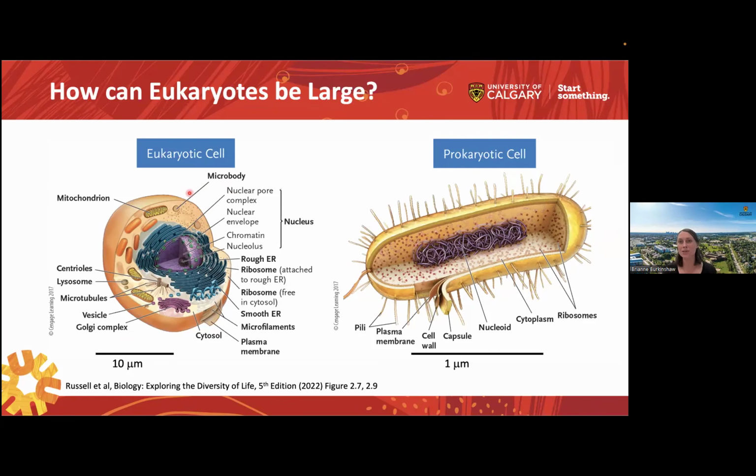The answer has to do with surface area and the internal volume of that cell. So in the prokaryotic cell, it has the surface area, which is its cellular membrane, and it has its internal volume here. And it needs a certain ratio of surface area to volume in order to support the needs of the cell.